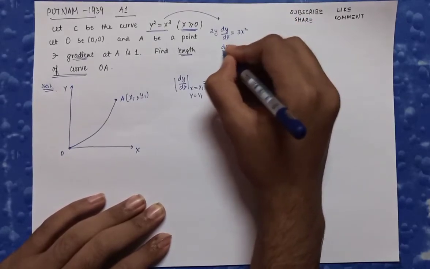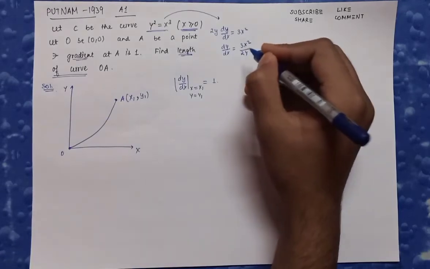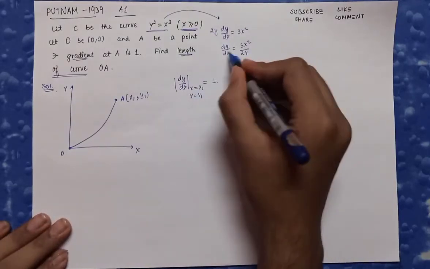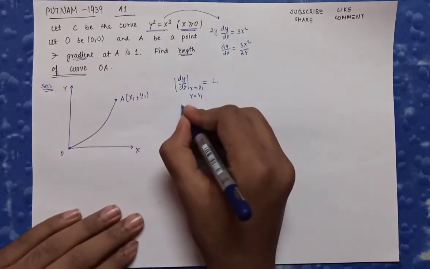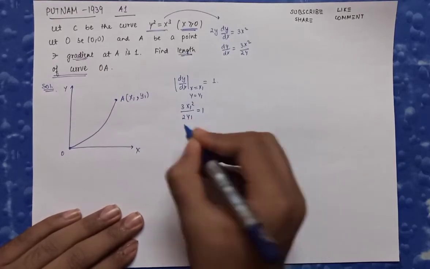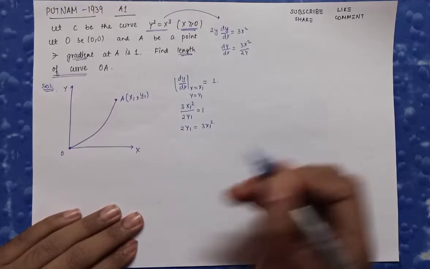Dy by dx equals 3x square by 2y. Now clearly we can substitute x equals x1 and y equals y1. So I will get 3x1 square by 2y1 equals 1, or 2y1 equals 3x1 square.